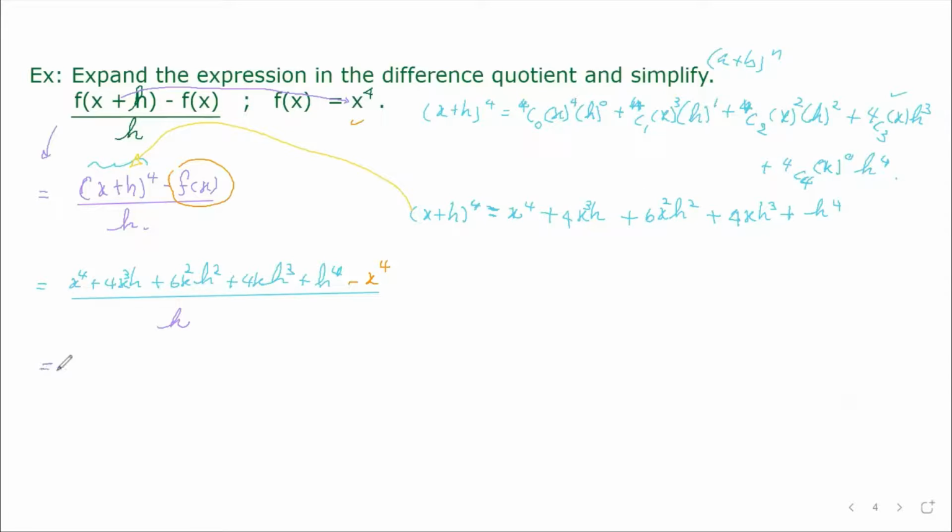Okay, now we simplify. You see this one minus x power 4 and this one plus, so this one cancels. So we leave this on the top, but we can get a common factor h, right? We take the lowest index, power 1, out. So we get h common factor out from every term. So it becomes 4x power 3 plus 6x power 2 h plus 4x h power 2 plus h power 3, and then divide.